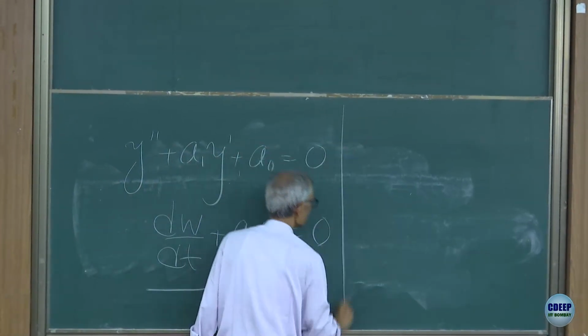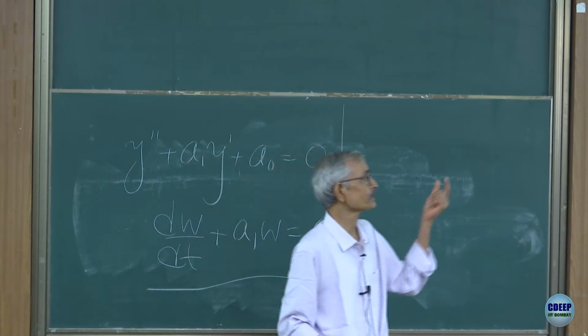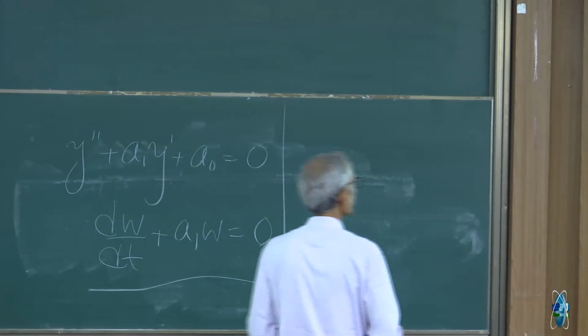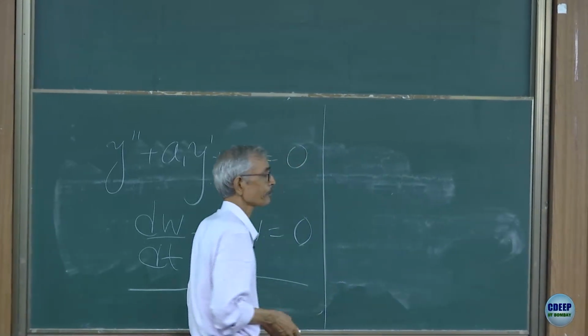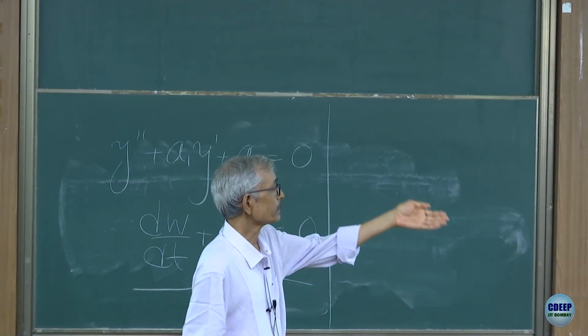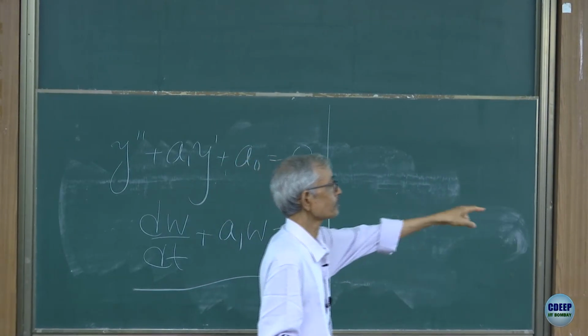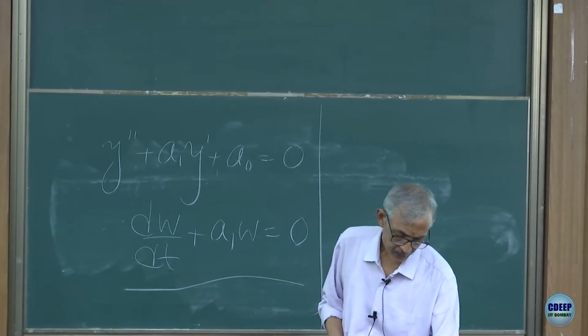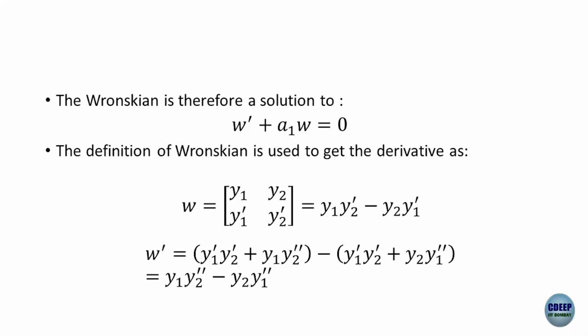So we did some algebra, and what we said was that the Wronskian is going to be equal to this, and this we had defined yesterday. You can take the derivative of the Wronskian, and the derivative is going to be that. This also we had done yesterday. And now all that remains is to see what happens in this particular differential equation.